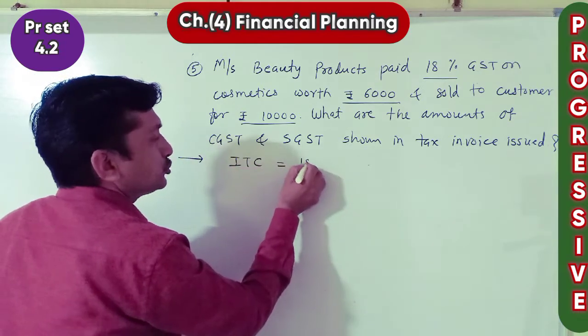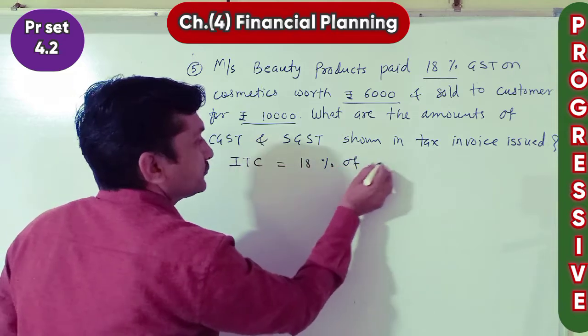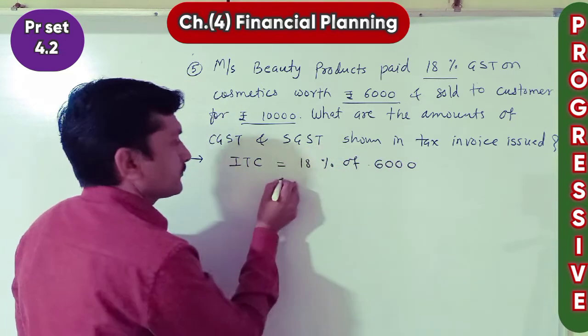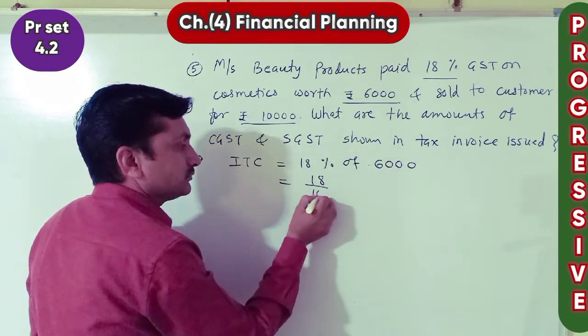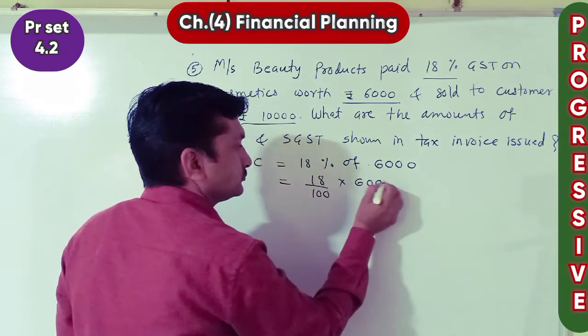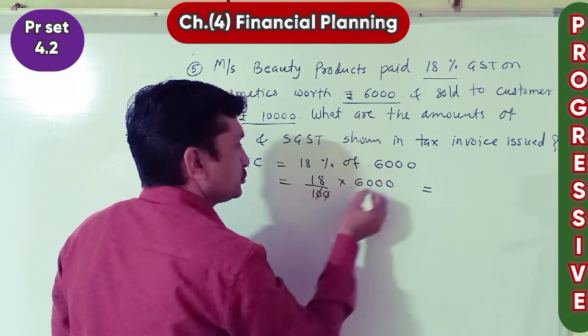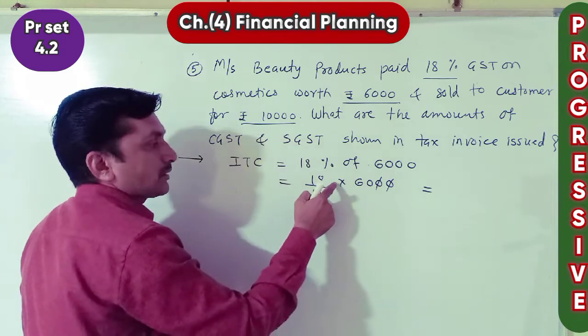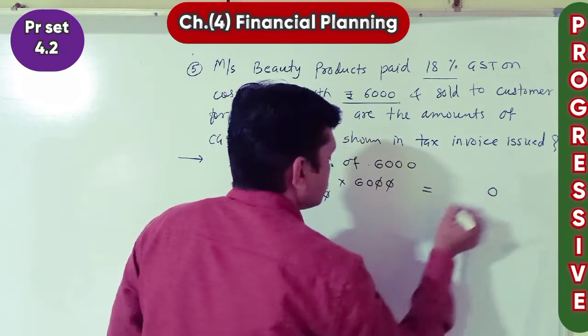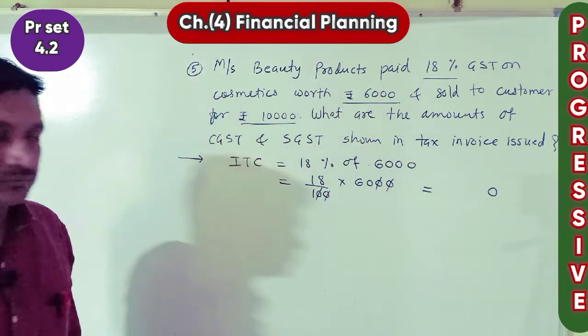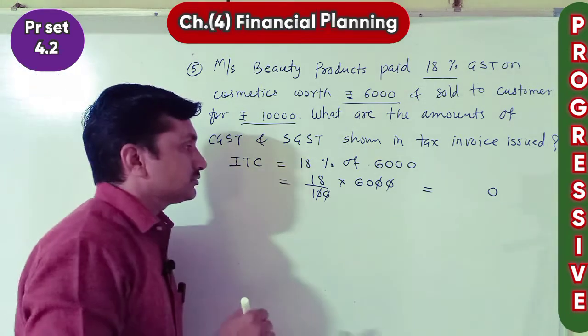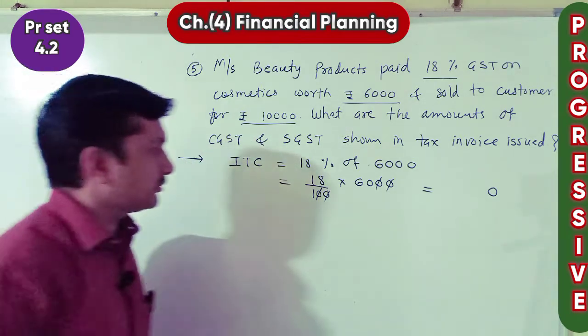ITC is equal to 18% of 6,000. 18 upon 100 into 6,000 is equal to, here 2 zeros cancelled, multiplied 18 0 0. 18 6s are 108.